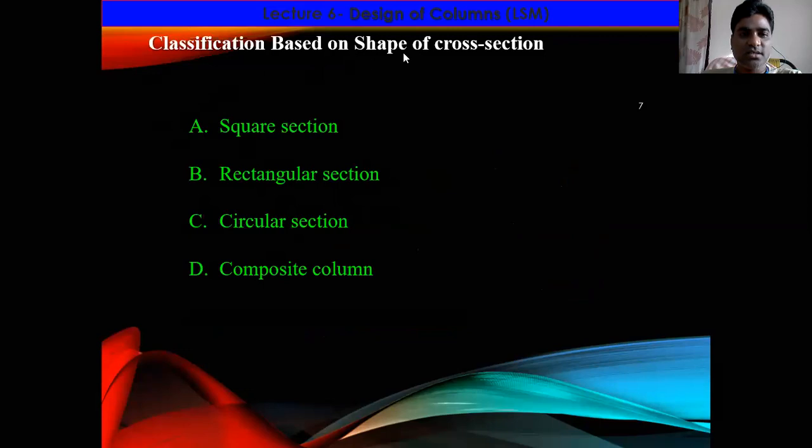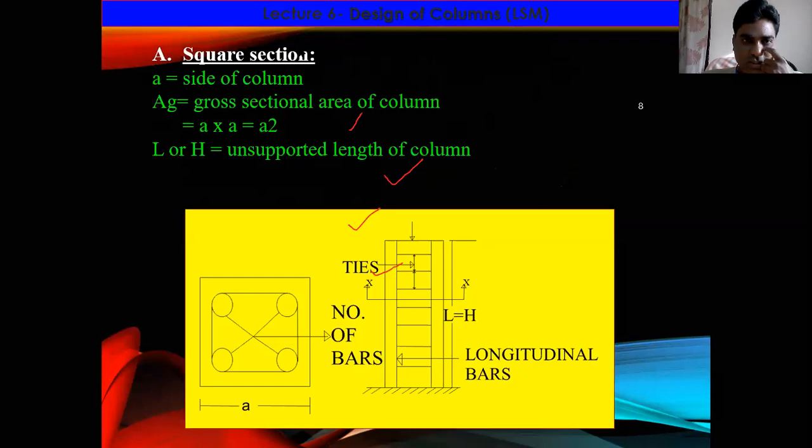As I said, based upon the shape of the cross section, it has been classified into four types: square section, rectangular section, circular section, and composite section. Coming to the square section, the side of the column is A on both sides, so the area is A square.